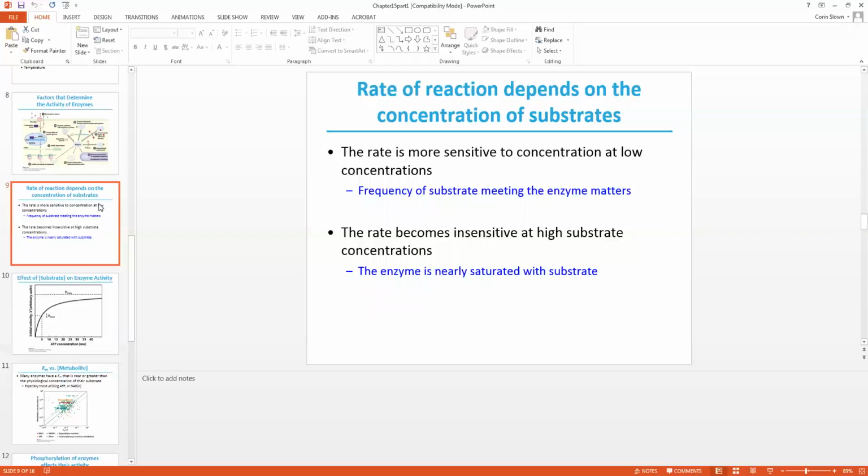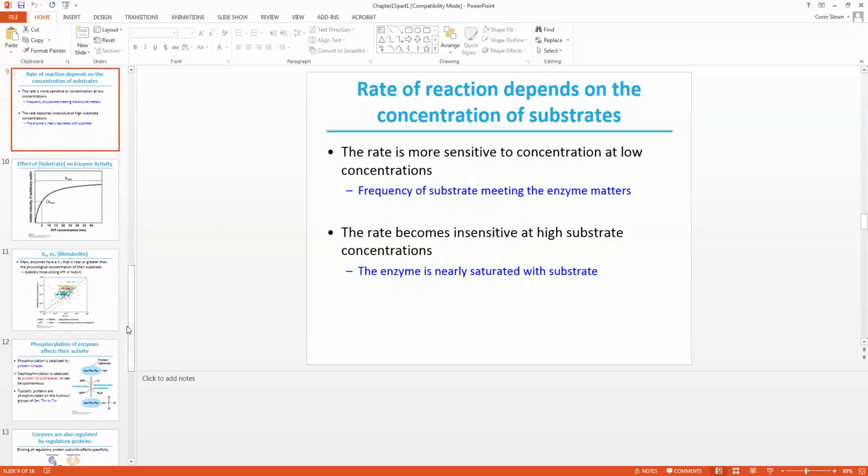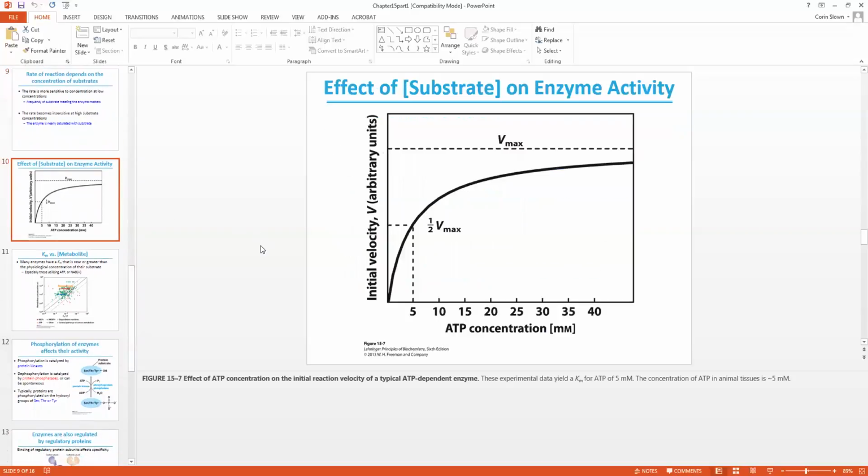So this rate of reaction really depends fundamentally on the concentration of substrate. So the rate is more sensitive to concentration at low concentrations. So that's dependent upon the frequency of a substrate meeting with the enzyme. And then the rate becomes more insensitive at higher substrate concentrations, largely because the enzyme is nearly saturated with the substrate. We can actually see this when we look at a saturation curve, where we look at initial velocity, and we look at ATP concentration.